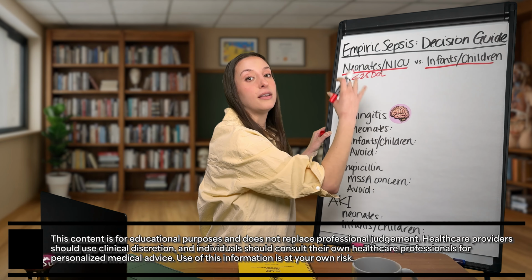So if you're concerned for MSSA, you would want to choose either cefepime or ceftriaxone, because these will add some empiric MSSA coverage. Ceftazidime has no gram-positive coverage at all, and so it won't contribute any MSSA coverage to your empiric regimen. So unless you're using vancomycin or something else that covers MSSA, you really want to stick with cefepime or ceftriaxone. Also remember that gentamicin does not cover MSSA.